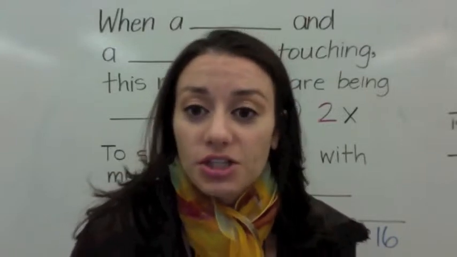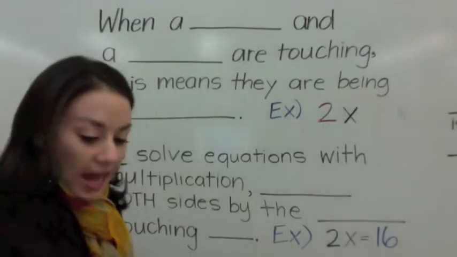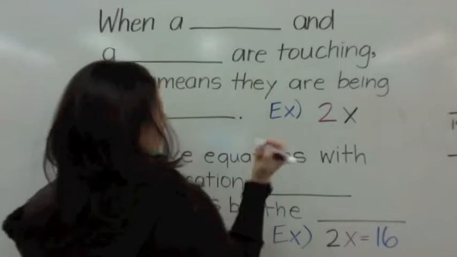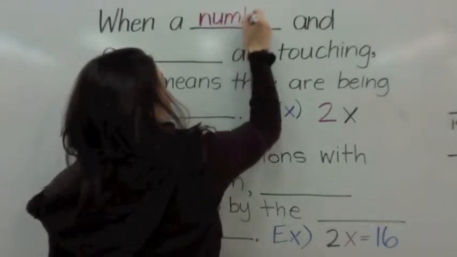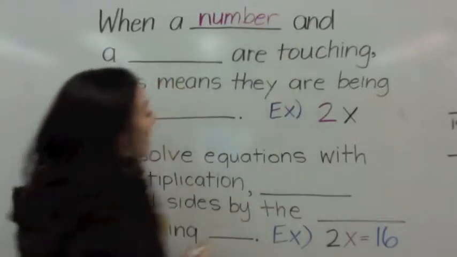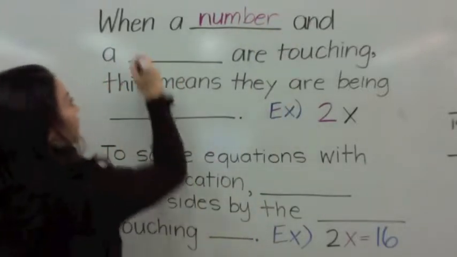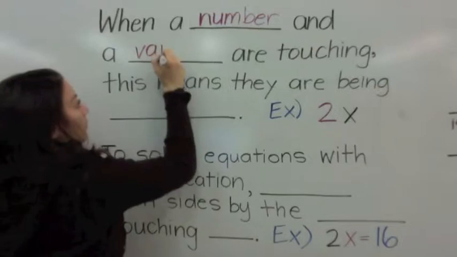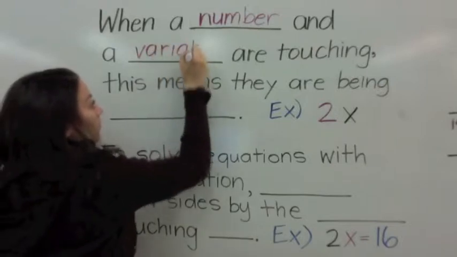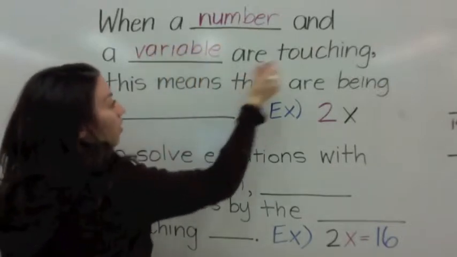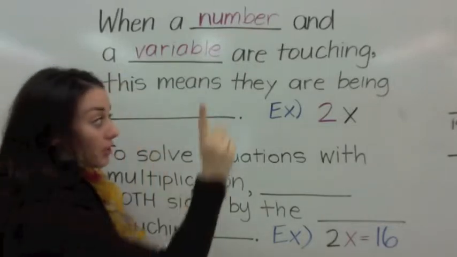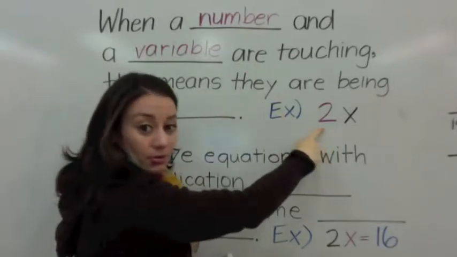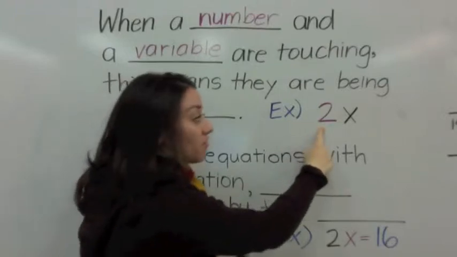So the first thing that you need to know is when a number and a variable are touching. For example, here you have 2, that's the number, and it's touching the variable x.